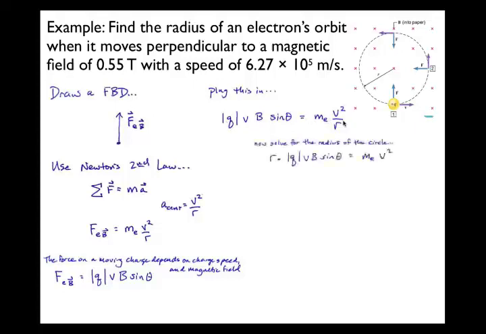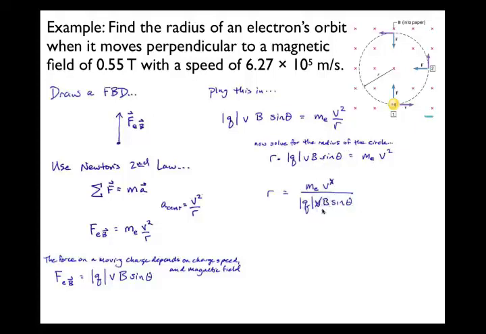We can solve now for the radius of the circle. So if we multiply both sides by r, we get r times q times v sine theta equals the mass of the electron times v squared. You can then divide by everything that's not r and put that in the denominator.